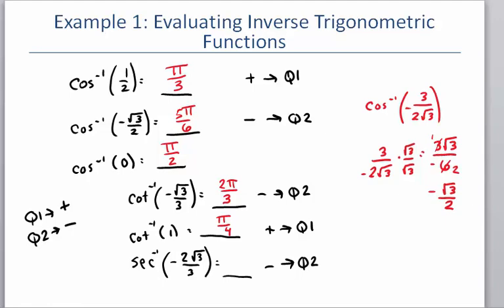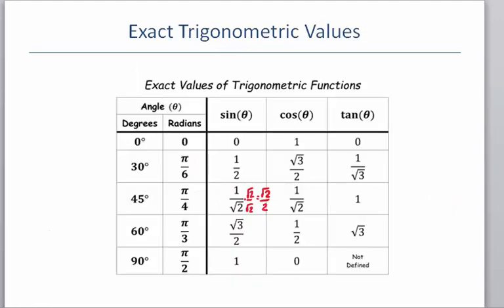So I am going to add that in right here. And then let's go to our chart and see where that happens. So where is, and again, we're going to ignore that negative for a minute. Where is cosine equal to square root of 3 over 2? That happens at pi over 6.